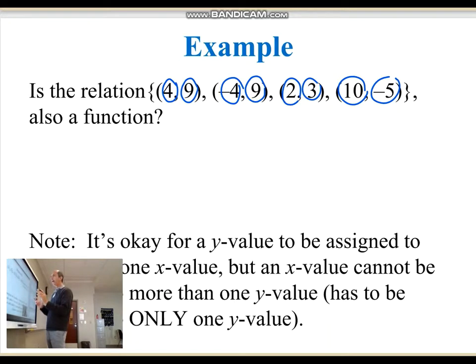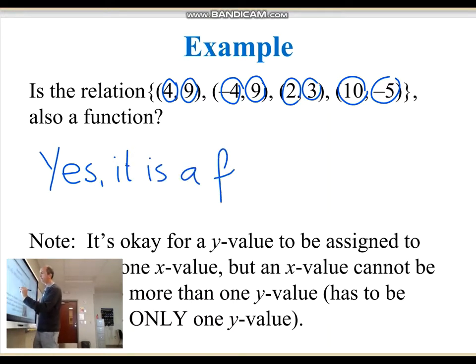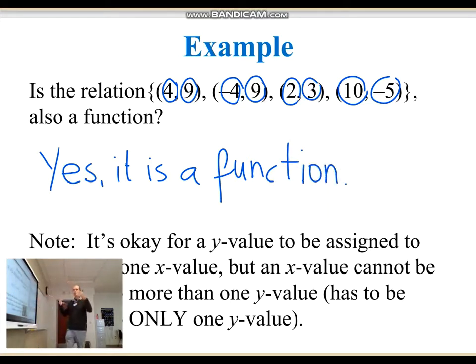Can you find any value of x that is linked to more than one y? No, you cannot. So that means yes, it is a function, because for each x, you have the connection with only one y.